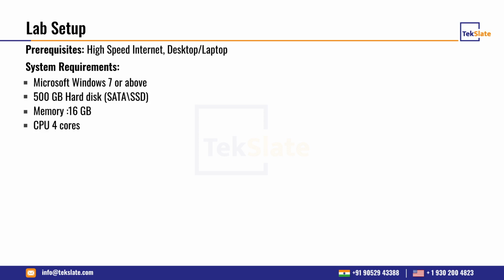Basic system requirements: you should have a good internet connection and your own laptop. The basic requirement will be Windows 7, 500 GB hard disk, 16 GB RAM, and a 4-core CPU processor.